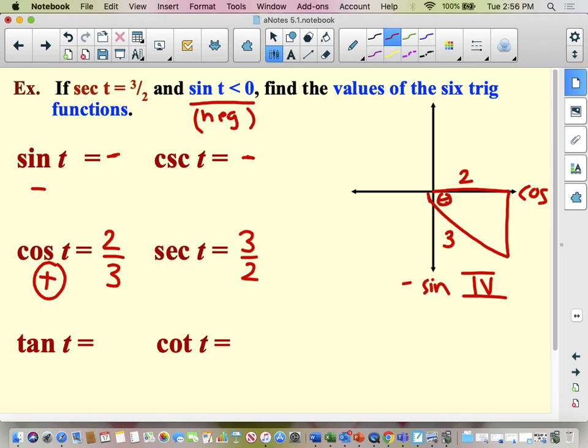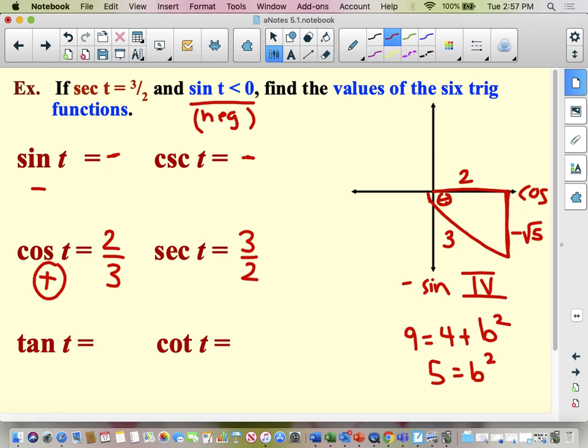So I place my 2/3 appropriately. Use the Pythagorean theorem to figure out what my missing side is. That's going to be square root of 5, plus or minus, but because it's going down, it's a minus square root of 5. That's option 1, which I think some of you are going to prefer.